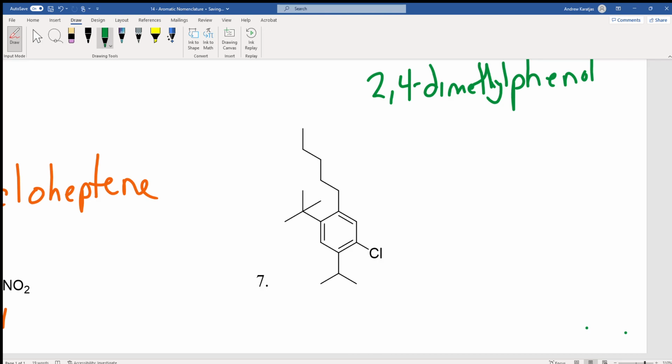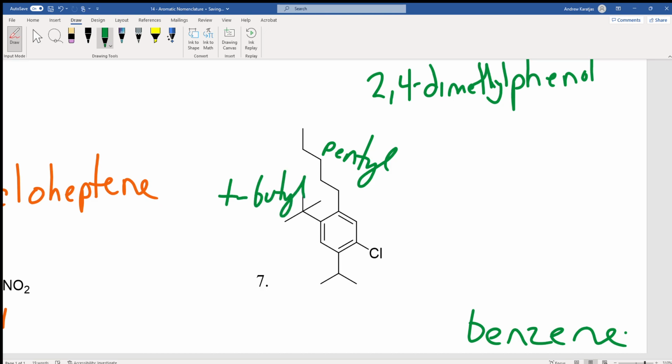So parent name, again, is benzene. But of the 4 groups we have a pentyl, we have a tert-butyl, a chlorine, and we have an isopropyl.